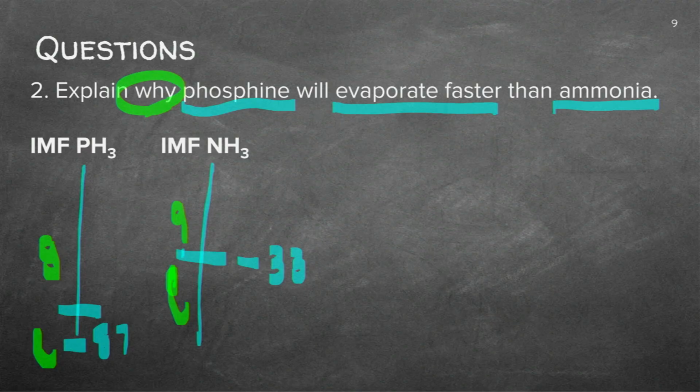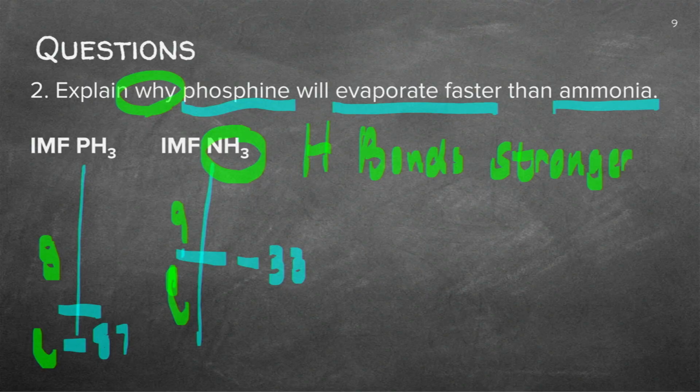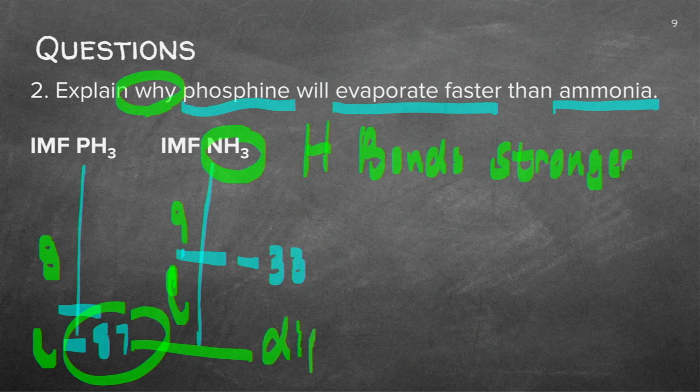Well, we know NH3 has got hydrogen bonds, which are stronger. So it will keep the molecules tight together, whereas phosphine will be a dipole.